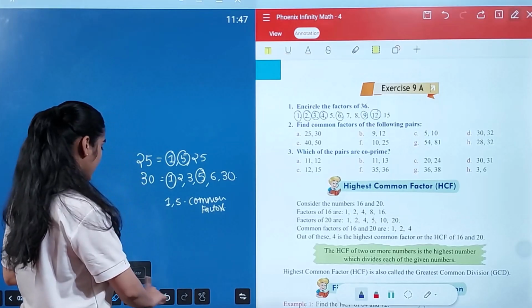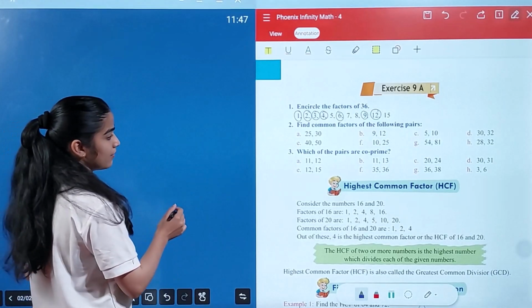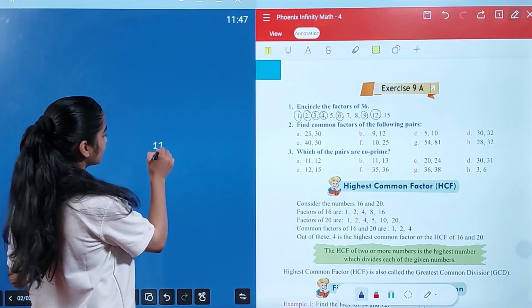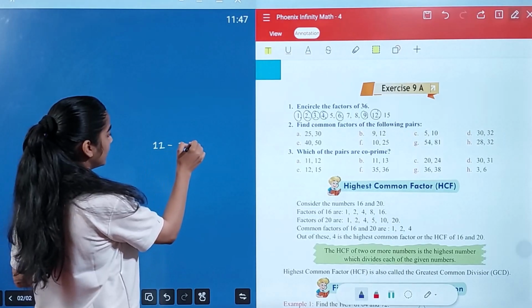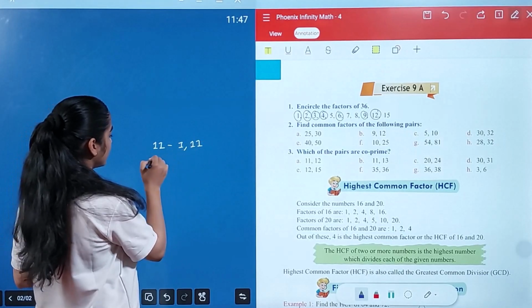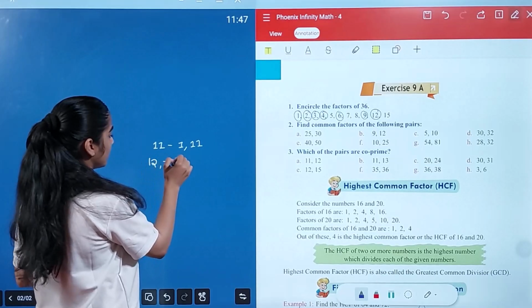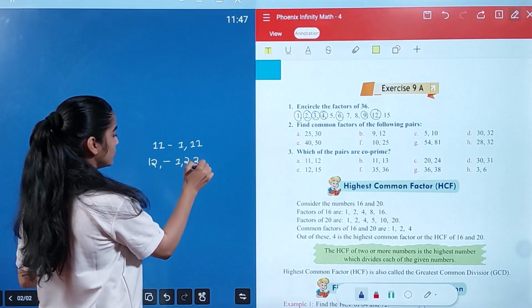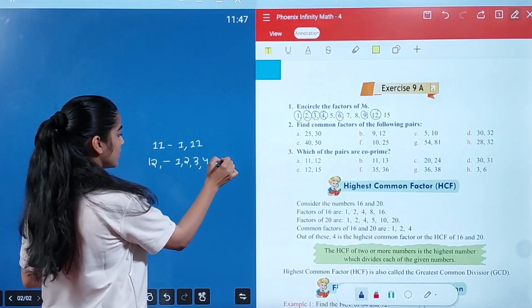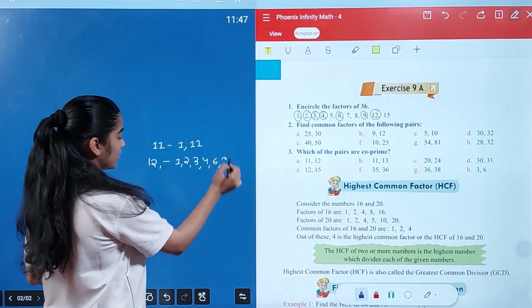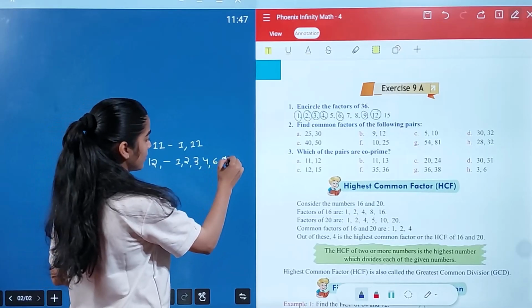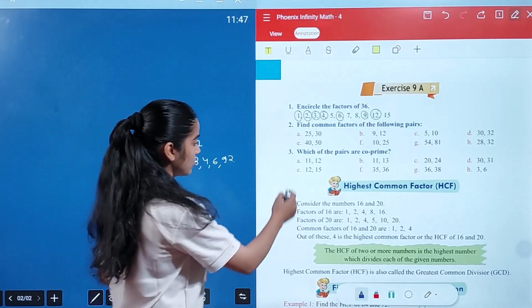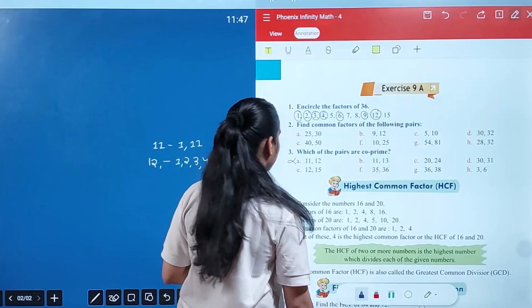Now which of the pairs are co-prime numbers? We have to find the co-prime numbers. So 11 and 12. For 11, 1 and 11 are the only factors, and for 12 we have 1, 2, 3, 4, 6, and after 6 we have 12. So 11 and 12 are not co-prime. Now 11 and 13.